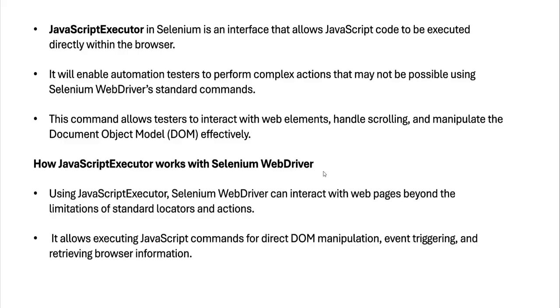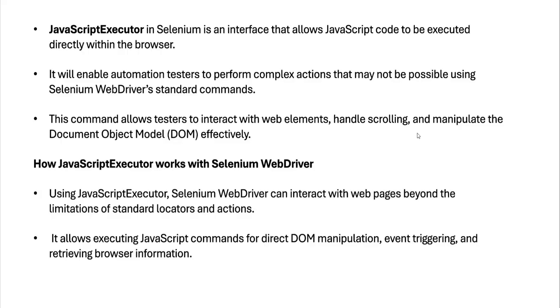Even though you have written the code in Java or whatever language it might be, to interact with the browser, JavaScript is the scripting language that is used. This command allows testers to interact with web elements, handle certain actions like scrolling, or directly manipulate the document object model, DOM, effectively.